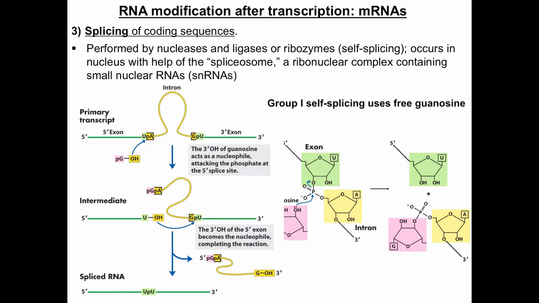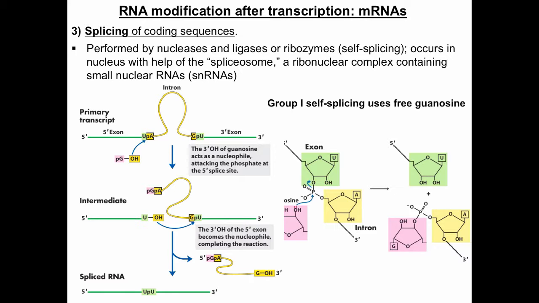We're going to go through some of these types of splicing mechanisms. One type is called group 1 self-splicing RNAs, meaning they do not require spliceosome components, and the RNAs themselves are catalytic.